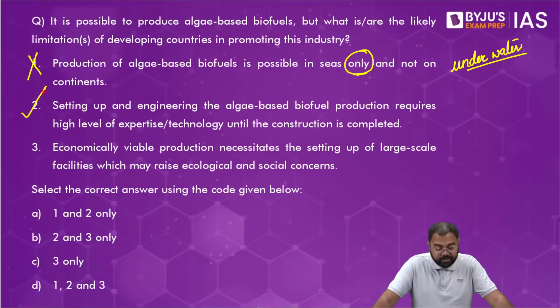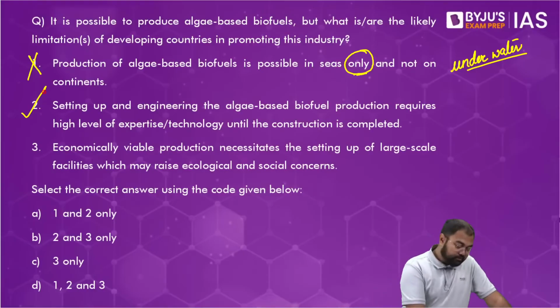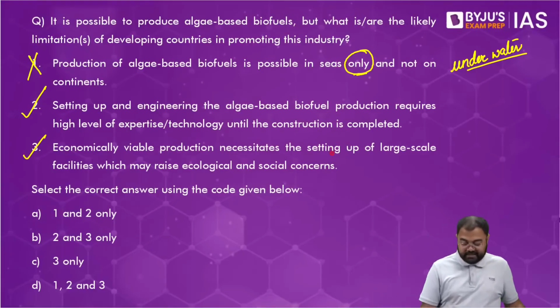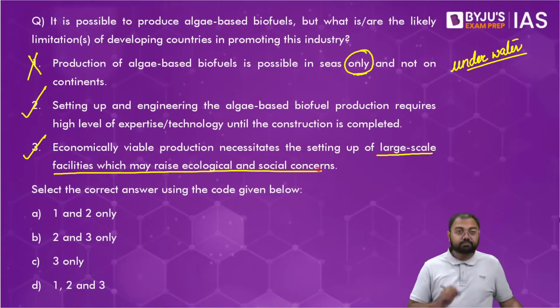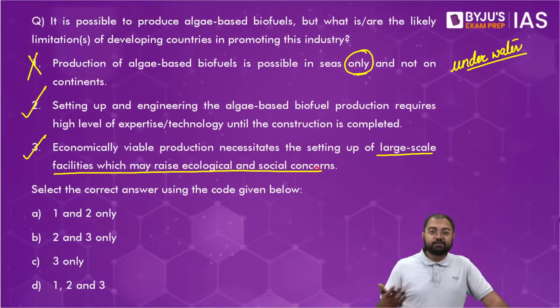Economically viable production necessitates the setting up of large scale facilities which may raise ecological and social concerns. This also is true, because ultimately, if you start setting up industries around algae, then you need to grow algae.